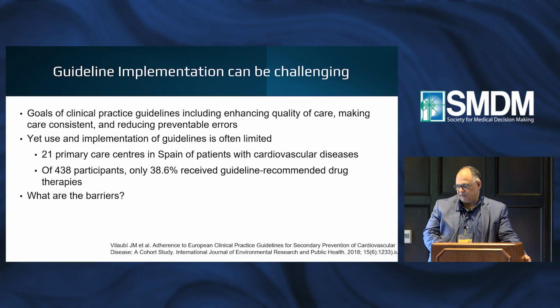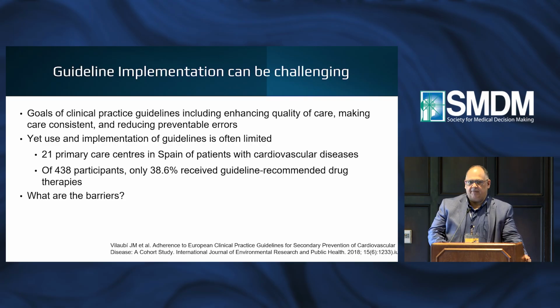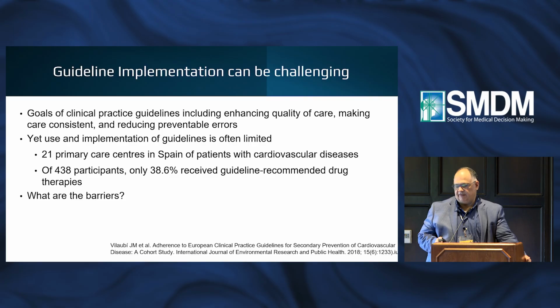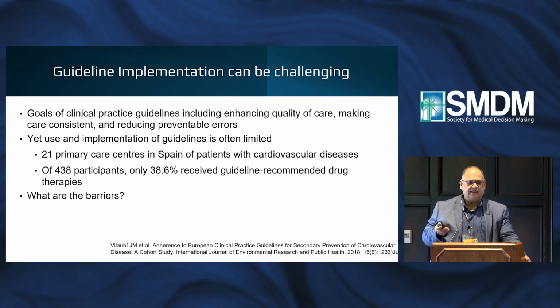In Spain, of 21 primary care centers, patients with cardiovascular disease, they had 438 patients that they identified, and yet only about 39% were receiving guideline-recommended drug therapies. And there are many, many studies like this. So we can identify that people don't get guideline concordant therapy.